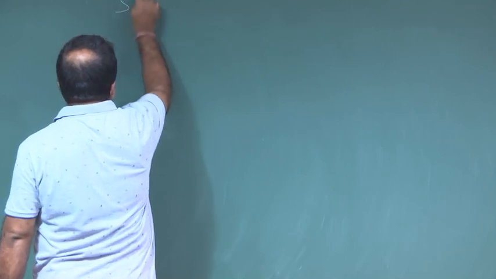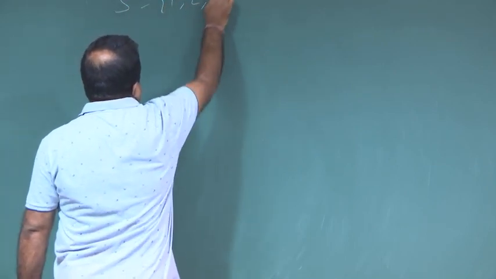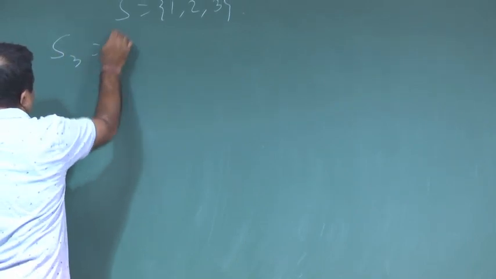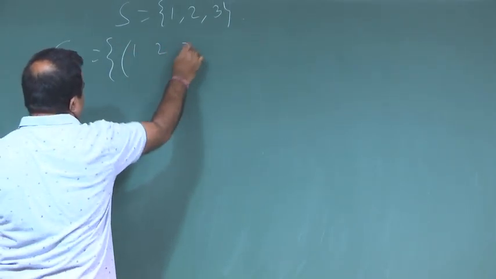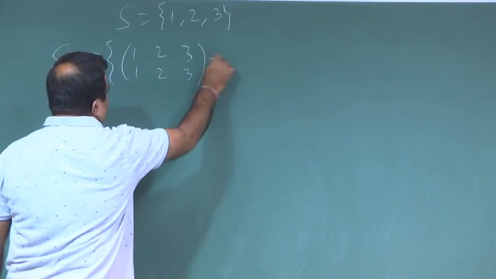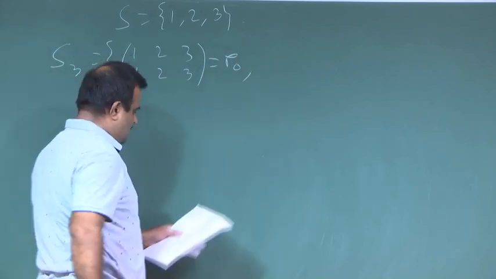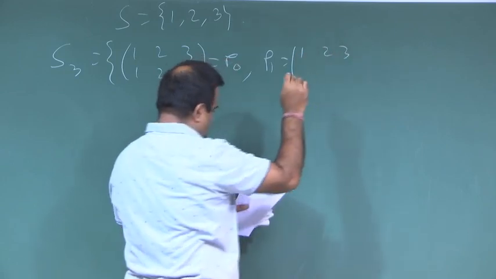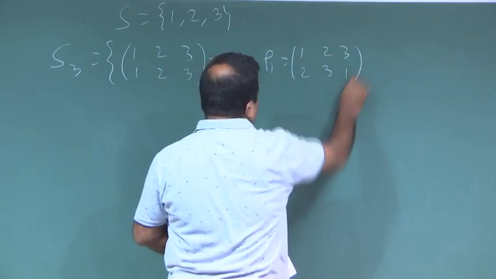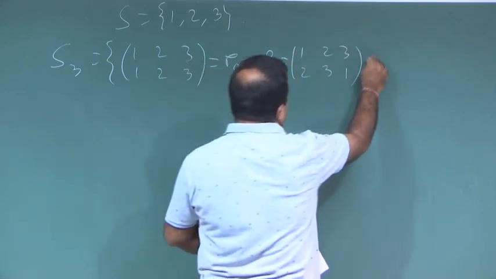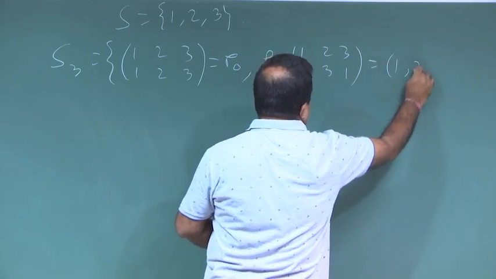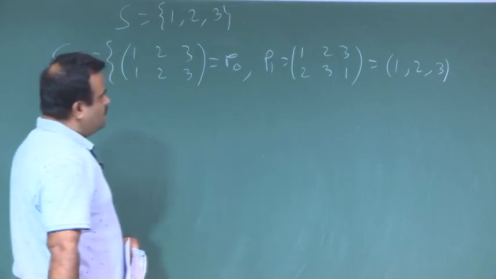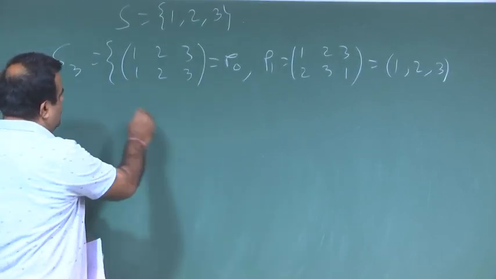So, this is our S3, and this will be denoted by, say, this is the identity permutation, denoted by P0, and then P1 is basically 1 2 3 over 2 3 1, that is, 1 is going to 2, 2 is going to 3, 3 is going to 1. This is an even permutation, this is a cycle.